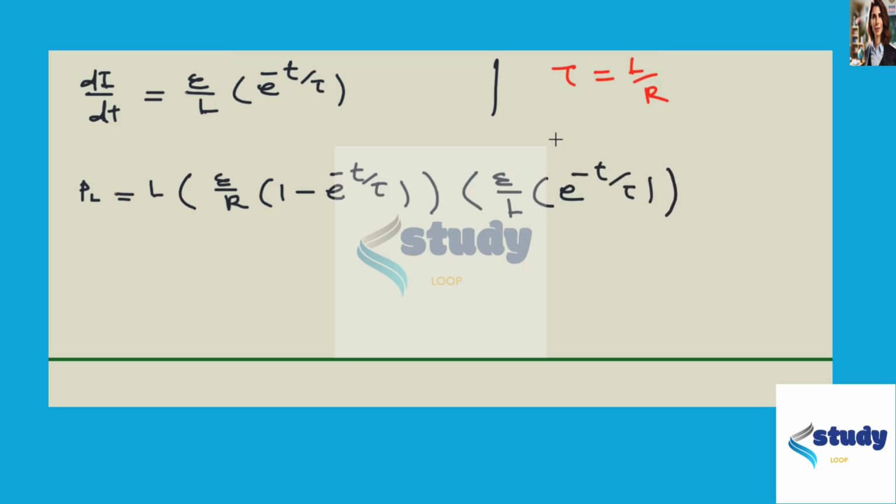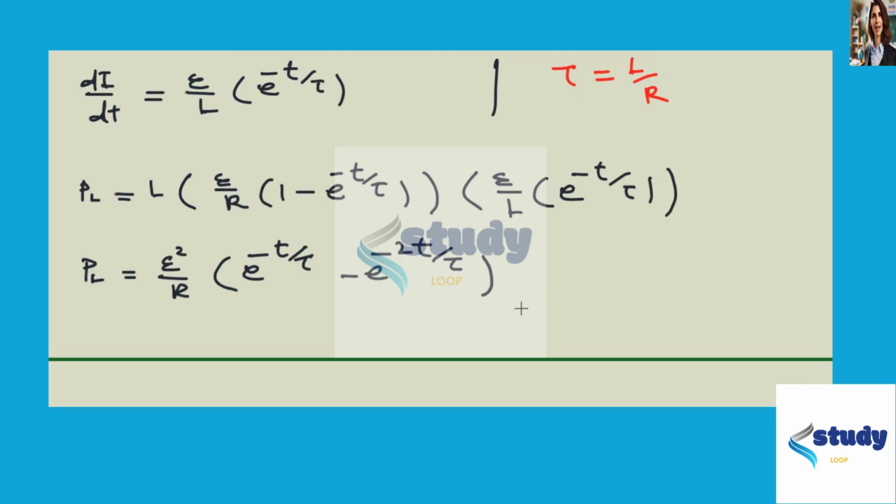Now this can be simplified as PL is equal to E squared divided by R into e raised to the power minus t divided by tau minus e raised to the power minus 2t divided by tau.